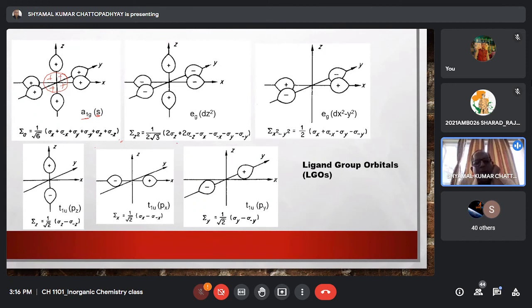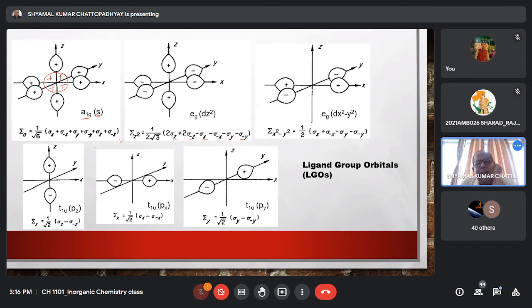So you see, the next combination here: we have Z and minus Z ligand orbitals. They have positive contribution, plus and plus, with a proportion of 2, and all the other orbitals x, minus x, y, minus y have half of the contribution of the Z direction, and they have the opposite sign.